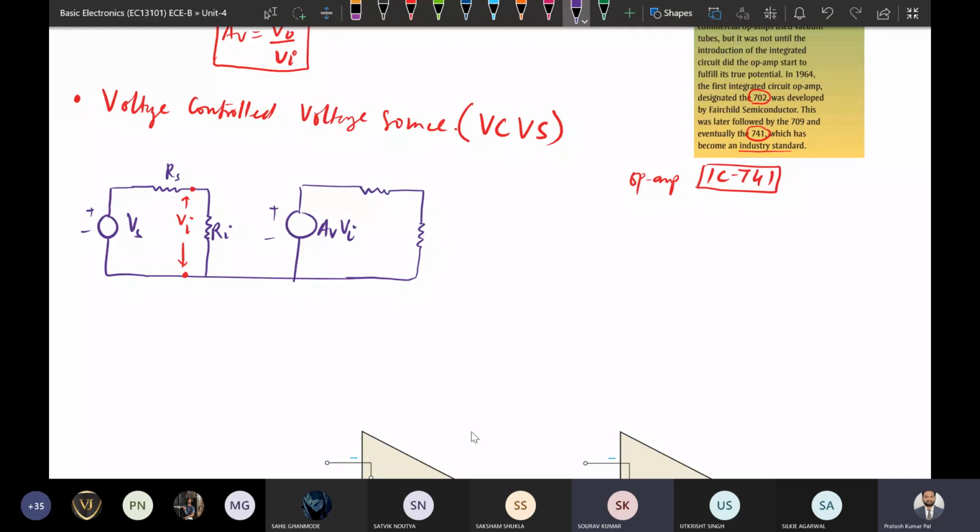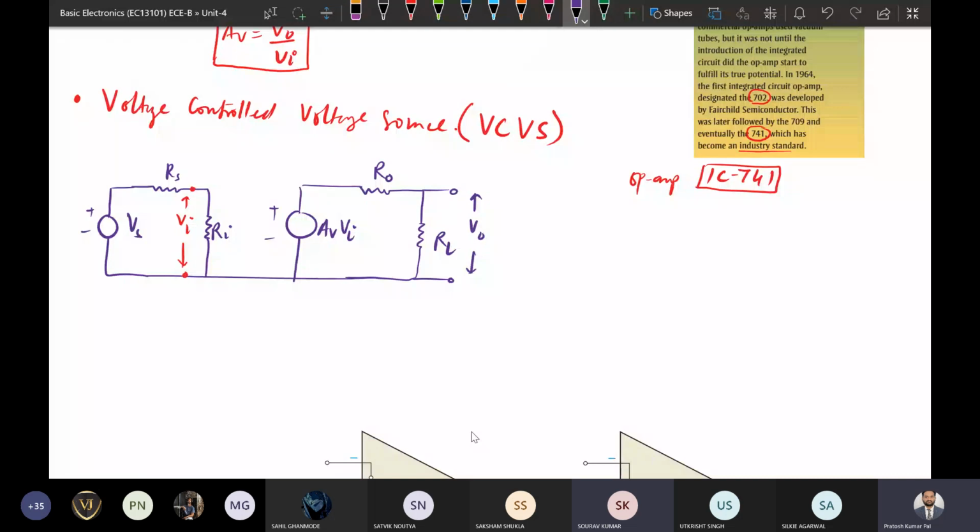This gain term comes with an output resistance, and here the load resistance RL is there, and across it the output voltage will be taken. So this is the equivalent circuit of a voltage amplifier.